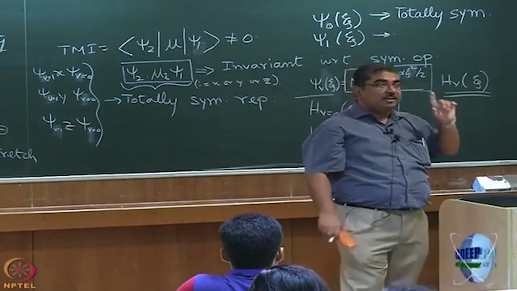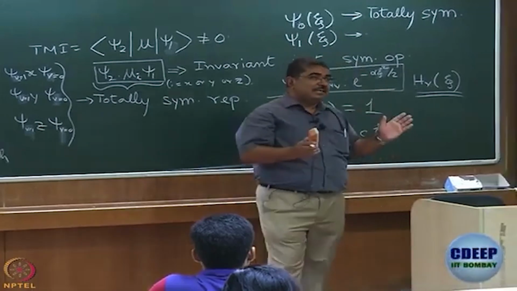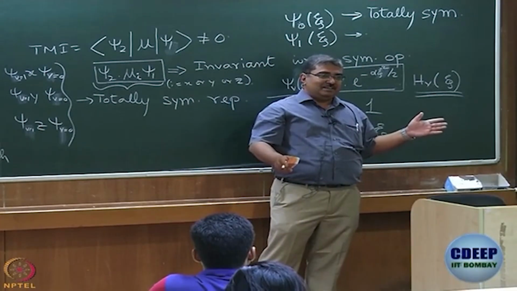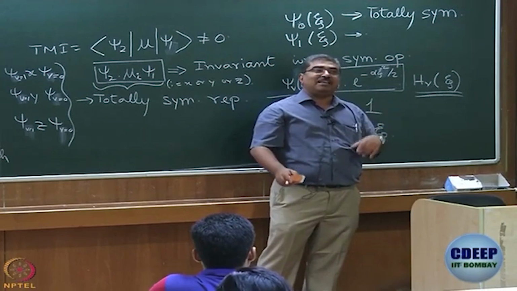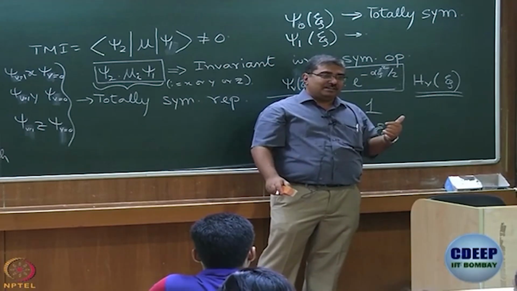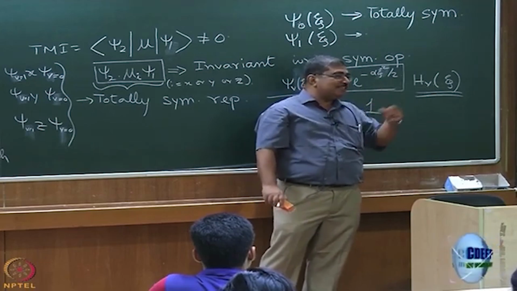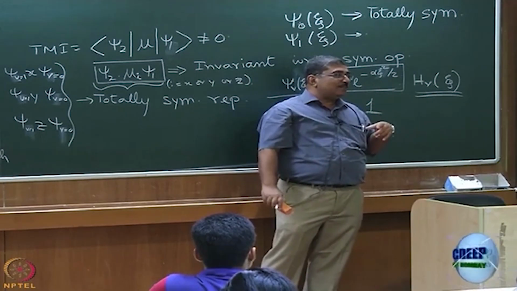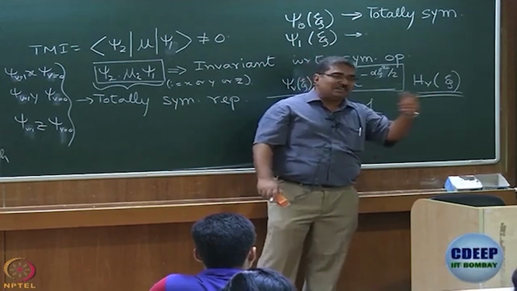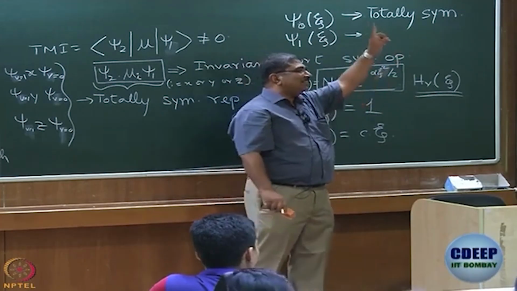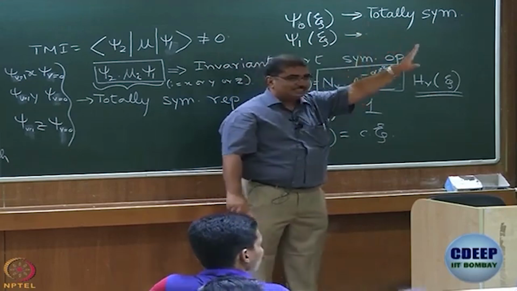Do not forget, we are talking about a situation where you have many symmetry operations. It can be symmetric with respect to one, can be antisymmetric with respect to another. So, what would be the more generic, more general answer? Well, even that is not a generic answer. Symmetry of xi? You are right.